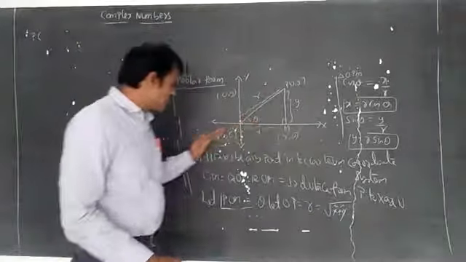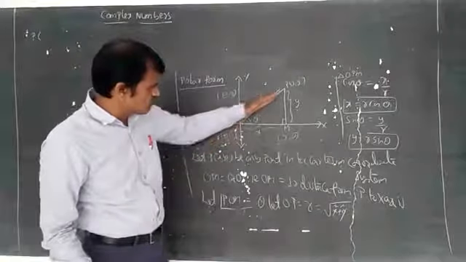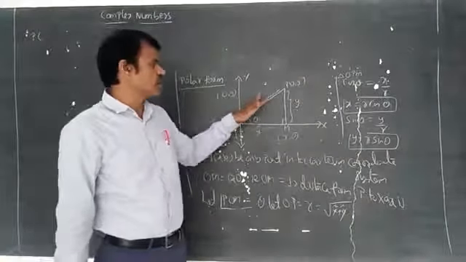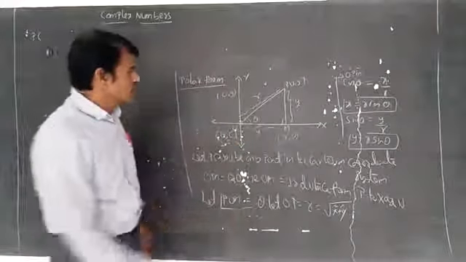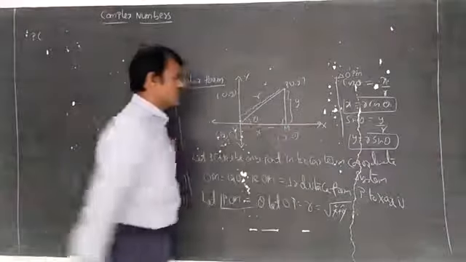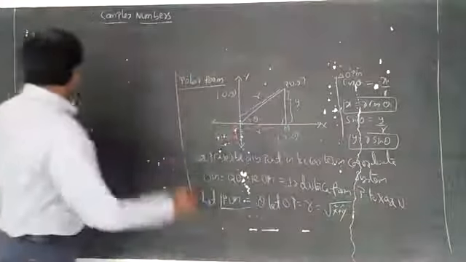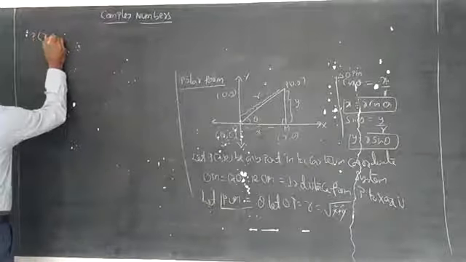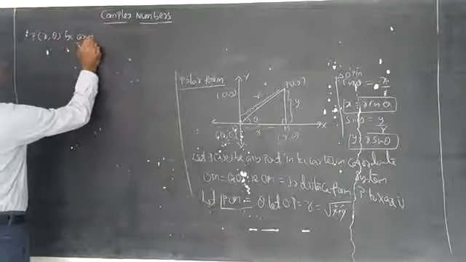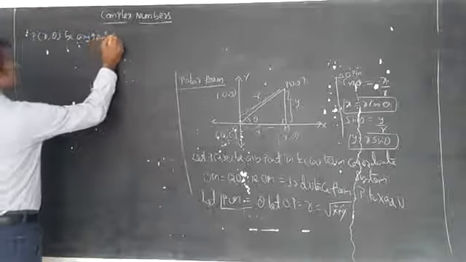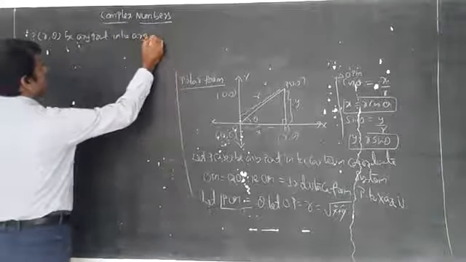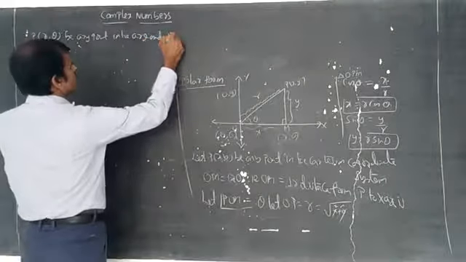What is this indicating? It is the distance R, that is root of x square plus y square, and this line making an angle theta with the positive direction of x-axis. So you can write P(R, theta), be any point in the polar plane.